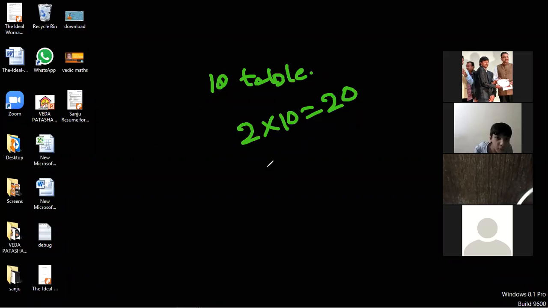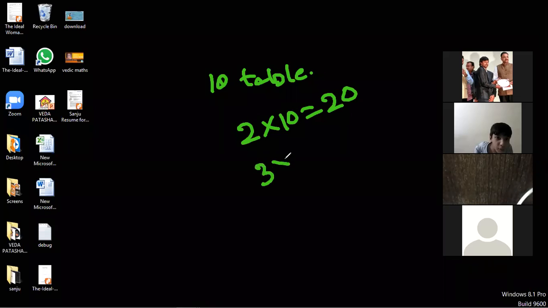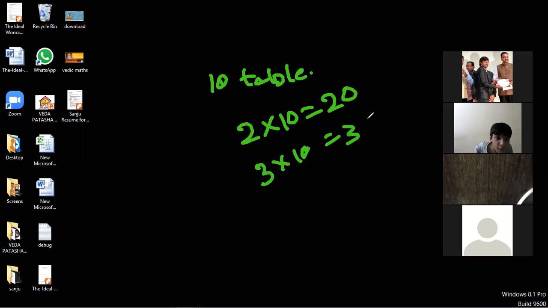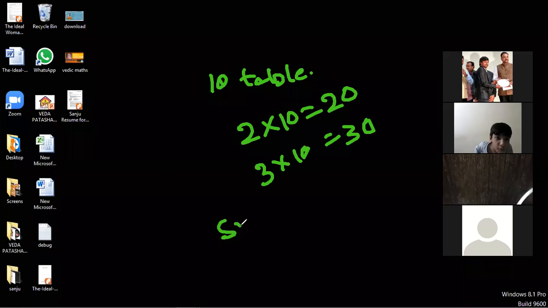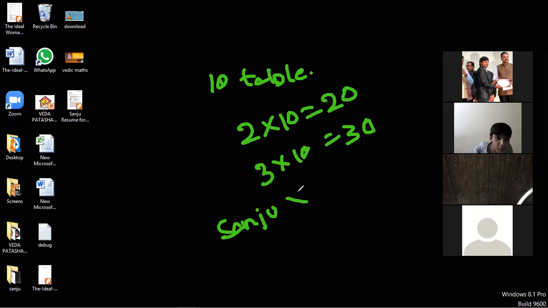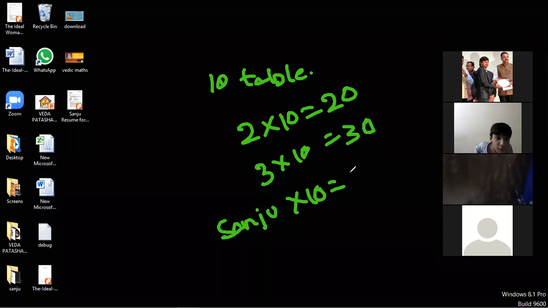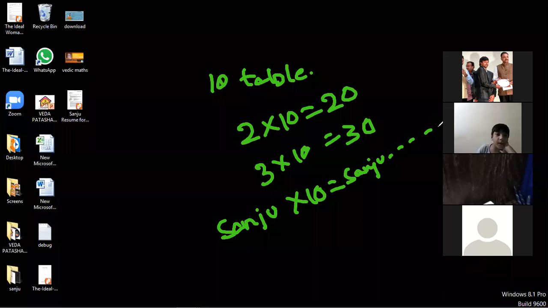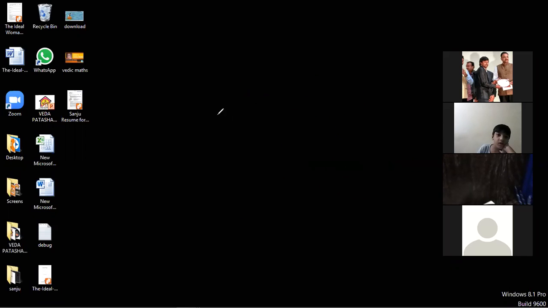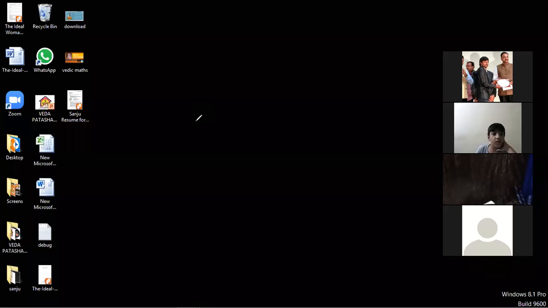Add 0 to it: 20. 3 times 10 is 30. Sanju times 10 is nothing but Sanju with a 0 added. Okay, let's get started with a simple table.